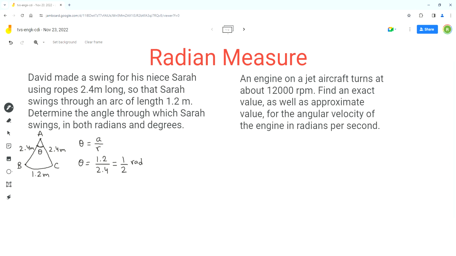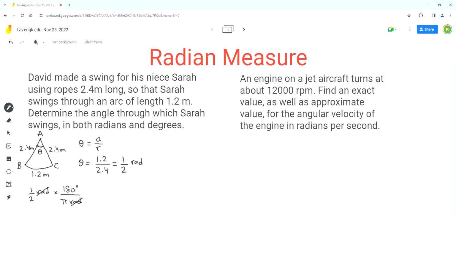So for that, we'll multiply 1 over 2 radians by 180 degrees over pi radians. So here pi radians is in the denominator, and that helps us cancel out the radian unit.